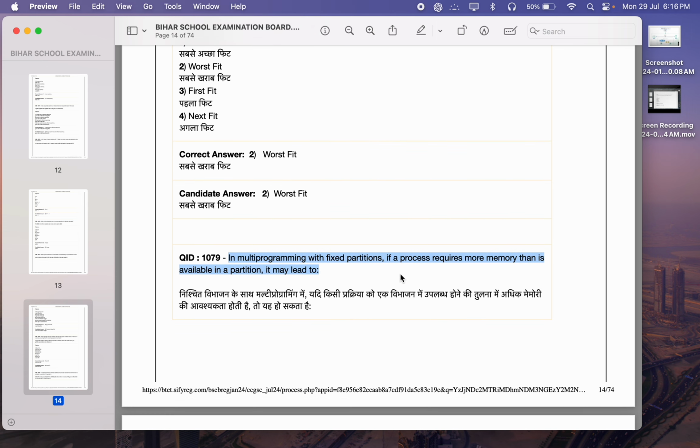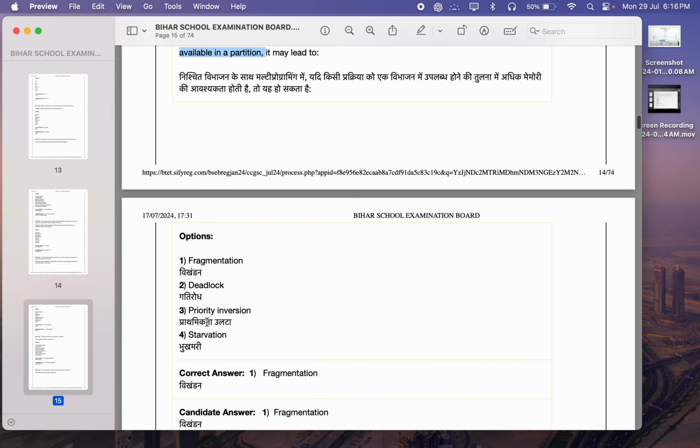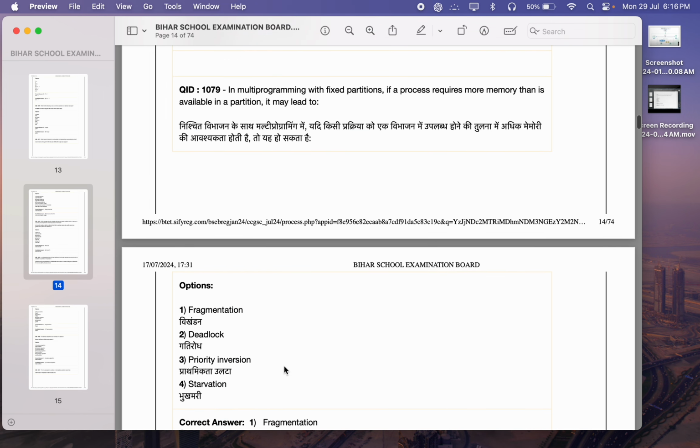In multi-programming with fixed partitions, if a process requires more memory than is available in a partition, it may lead to fragmentation.